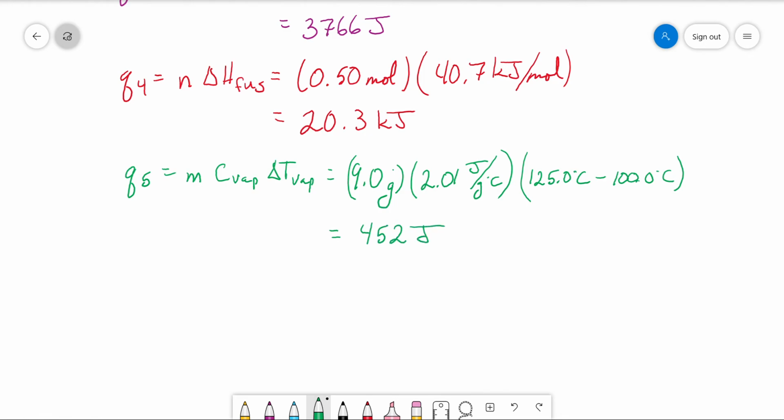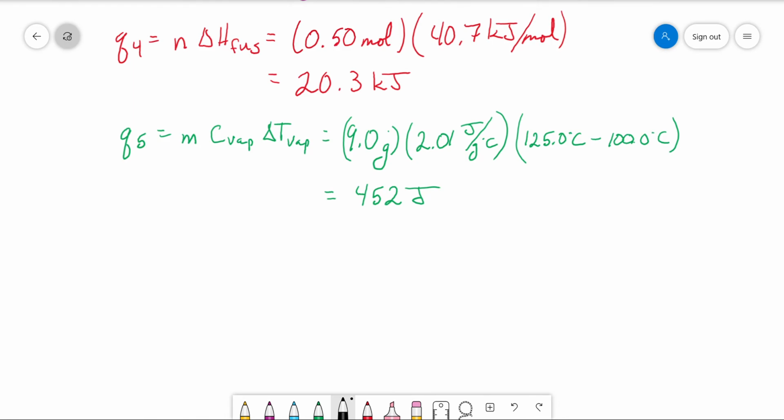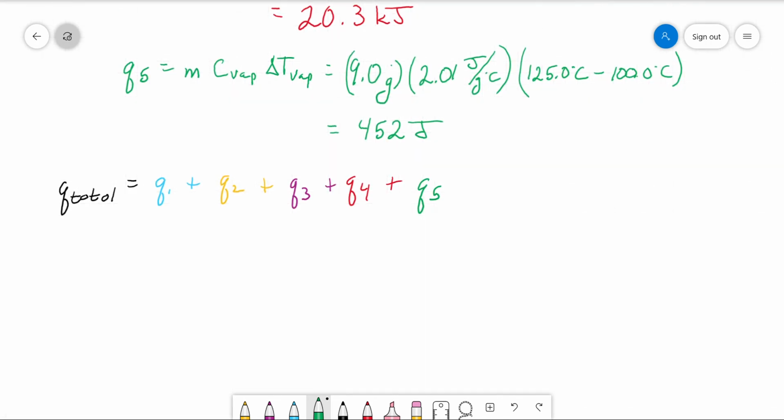Now, what is our Q total? How much energy did that take? We just have to add them all up: Q1 plus Q2 plus Q3 plus Q4 plus Q5. I'm going to change units as I go, because I'm jumping from joules to kilojoules. If you need help with that, shoot me an email and I will help you.